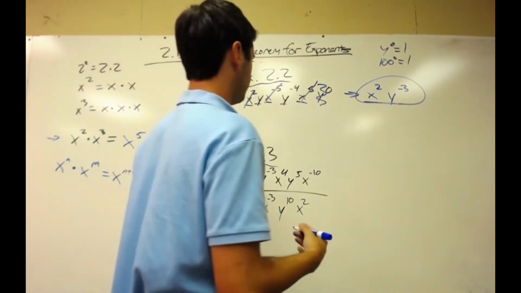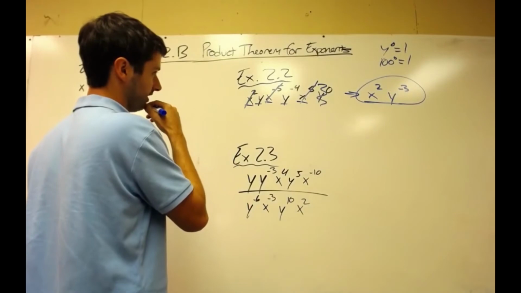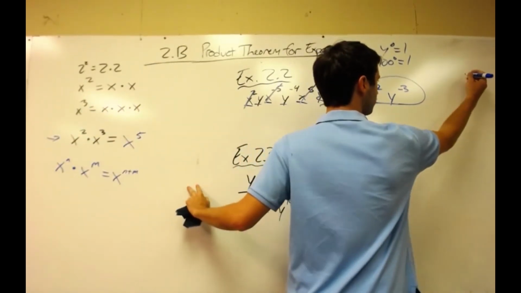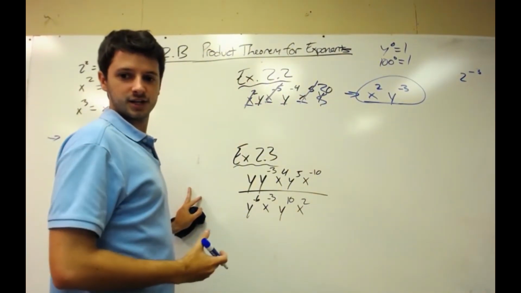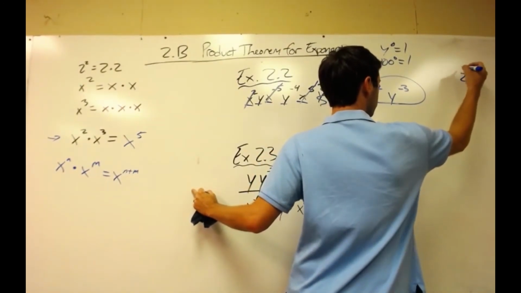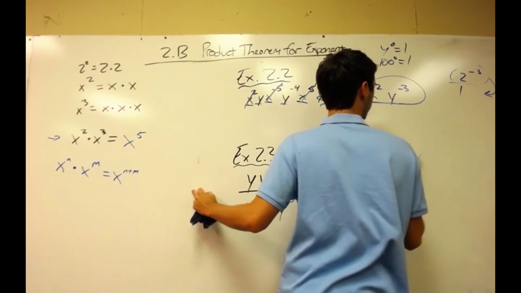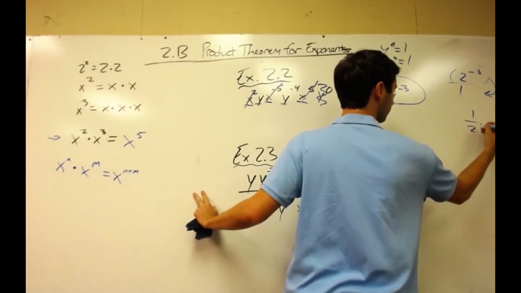But what if it said to write your answer with all positive exponents? Just like we had before, if we had 2 negative cubed, remember the negative exponent simply means that you switch this to the bottom to make it positive. So that would become 1 over 2 cubed.